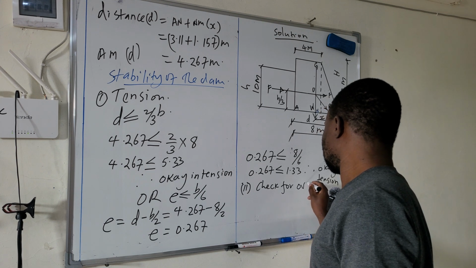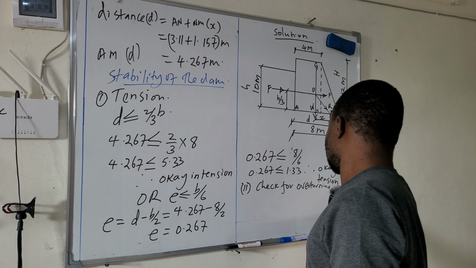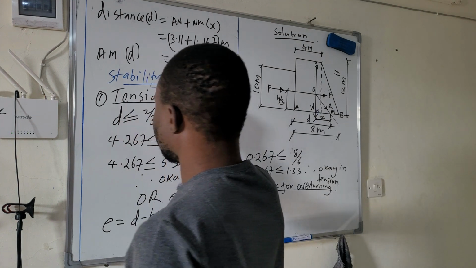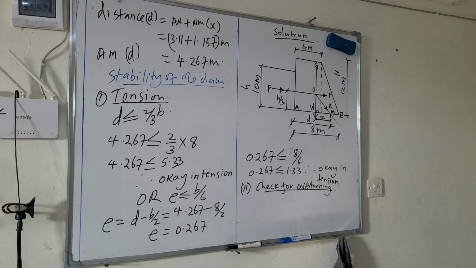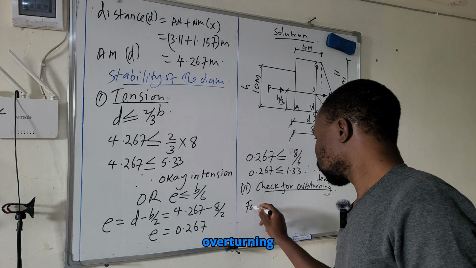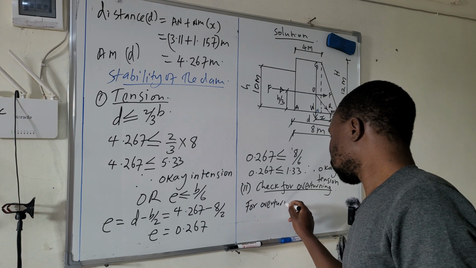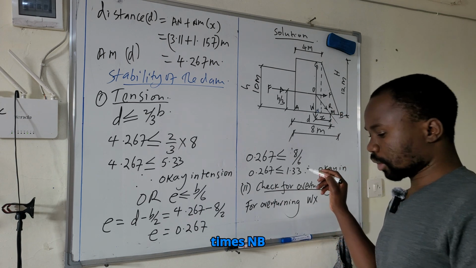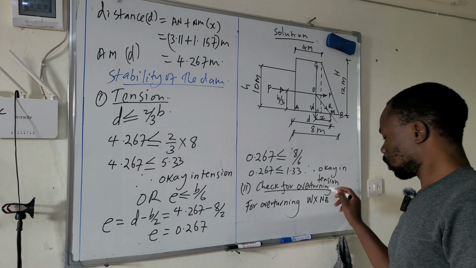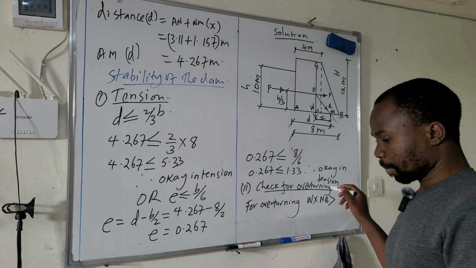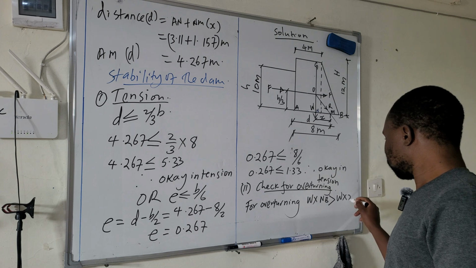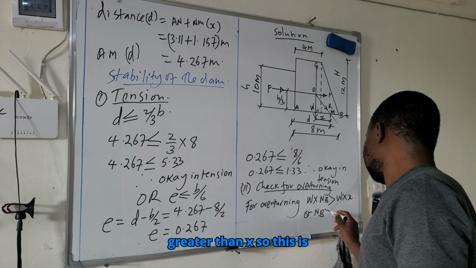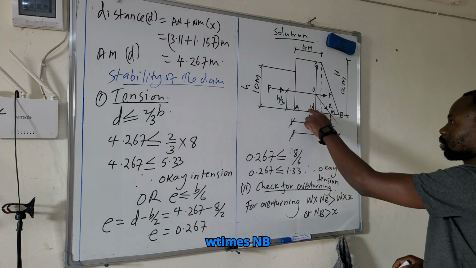Check for overturning. And we know that for overturning, W times NB should be greater than W times X, or NB should be greater than X. So this is W times NB.